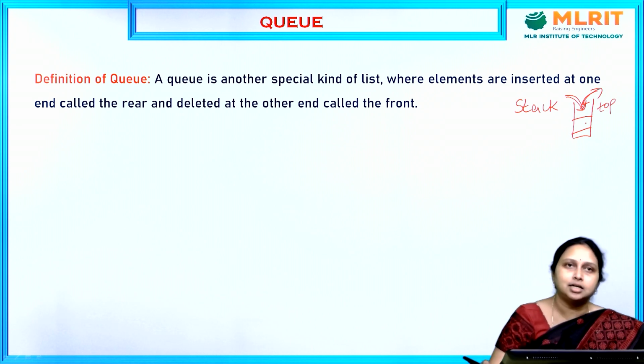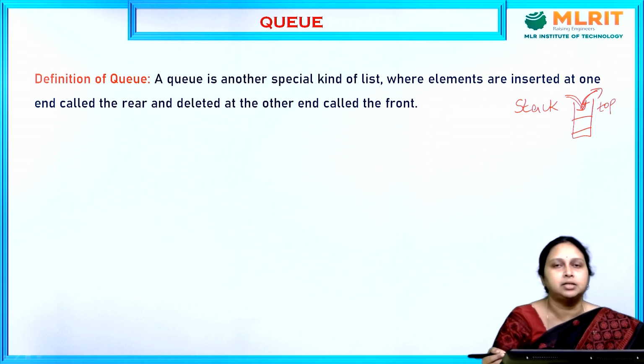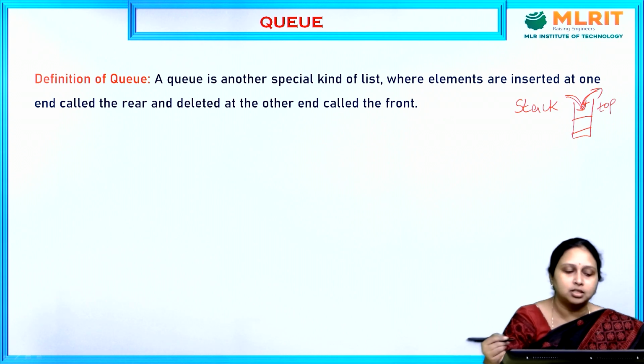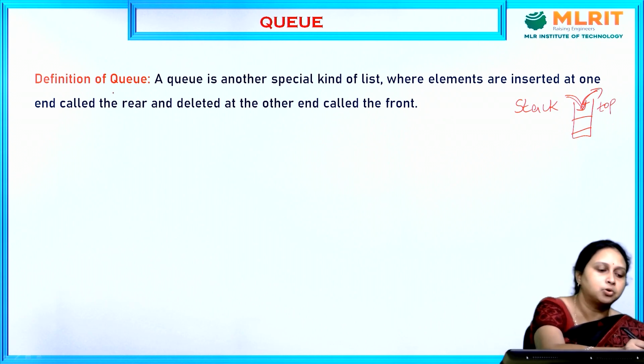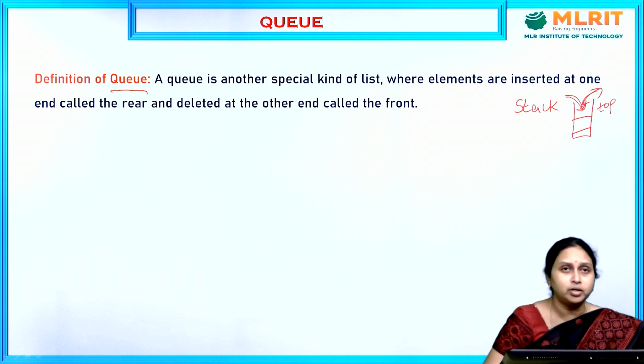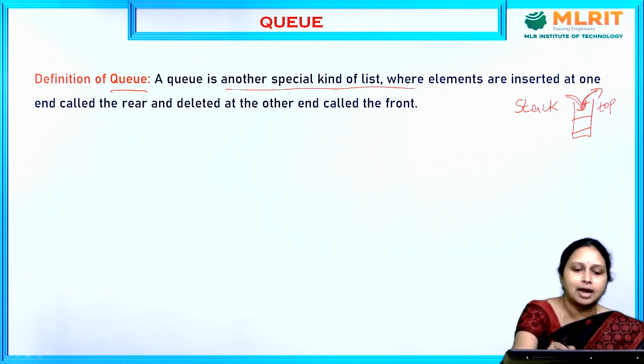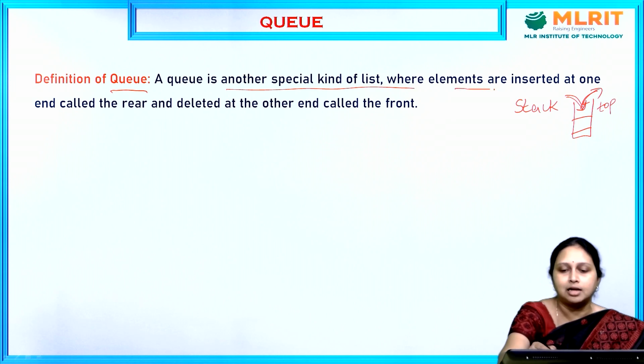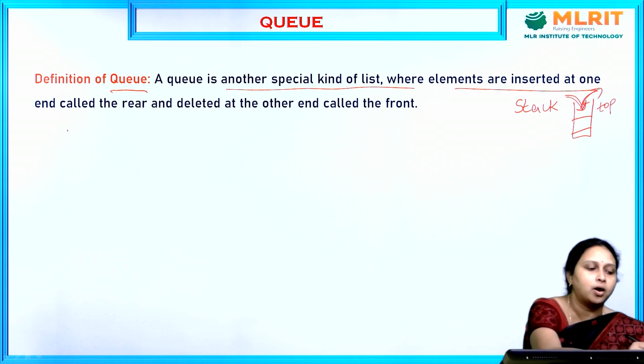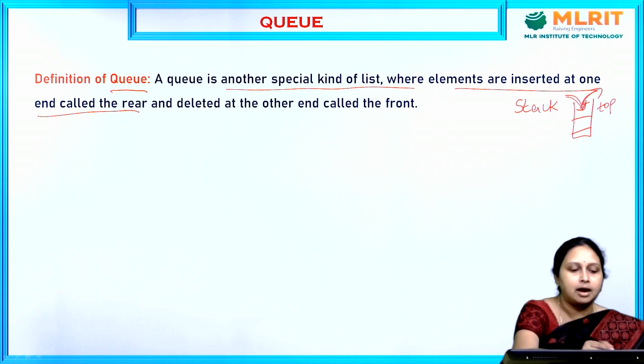And another data structure follows: insertion will be done at one end and deletion will be done at another end. For that purpose, we are going for the concept called queue. What is queue now? A queue is another special kind of list where elements are inserted in one end called rear and deleted at the other end called the front.